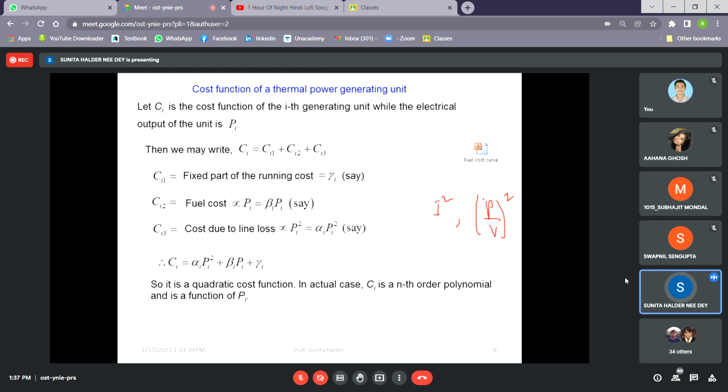So it is proportional to P square if we assume V is constant. If we remove the proportionality symbol, it becomes a proportionality constant alpha into P square. So the total cost function is alpha Pi square.